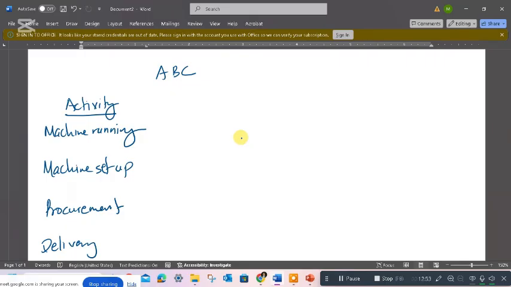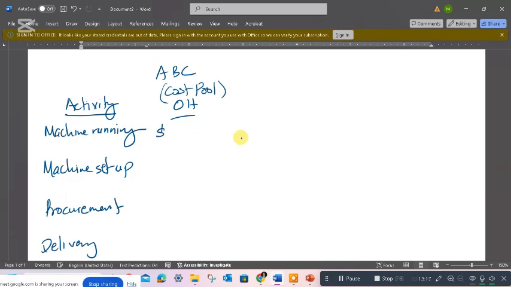Identify such activities, then take the overheads of each activity. We call them the cost pool of each activity. Regarding machine setup, you may have to bring a technician, buy some parts, stop the production for a while. So all that is the cost pool of this activity.